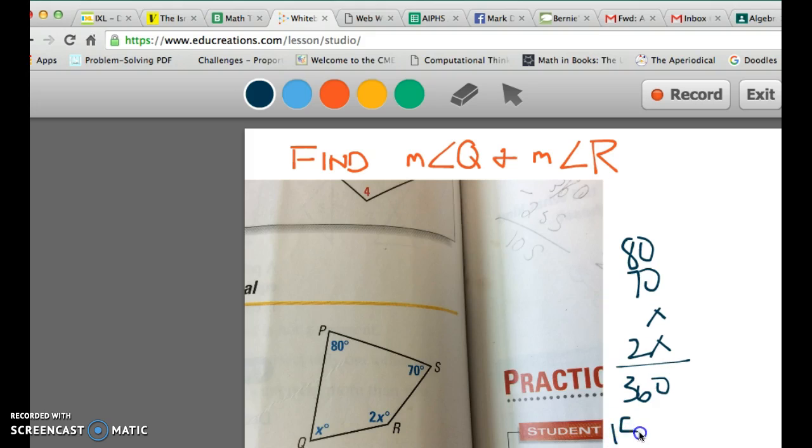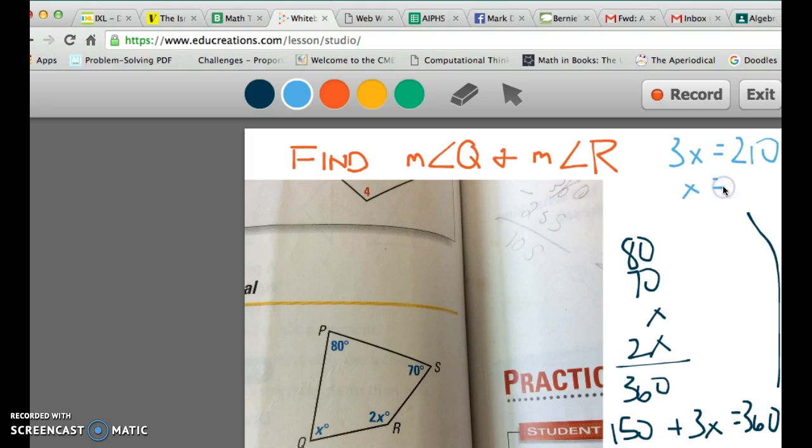So we could say 150 plus 3x, because x plus 2x is 3x, equals 360. I'm going to subtract the 150 from both sides. And so 3x equals 210. Divide by 3, x equals 70.